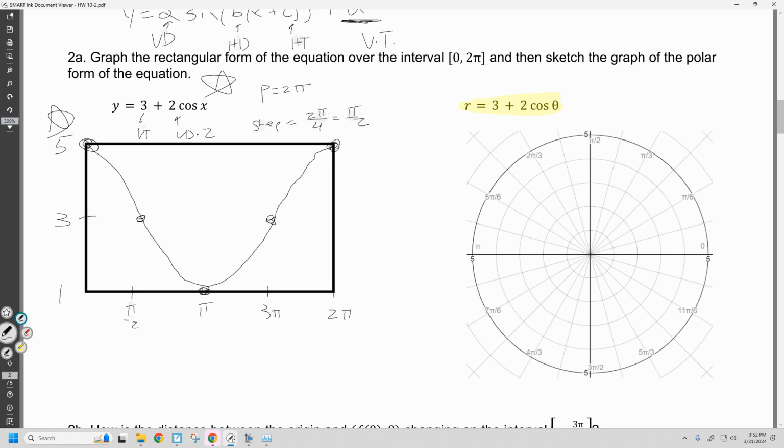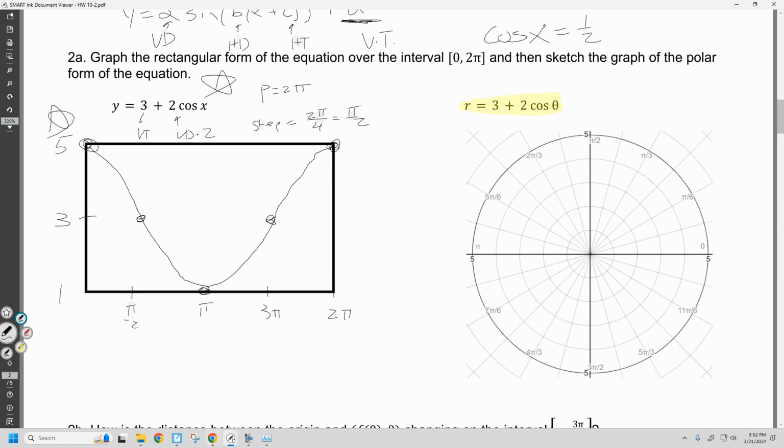For example, I can get the y value of a half, like the sine of an angle or the cosine of an angle equals a half. Cosine of what angle equals a half? This is more of a question that we asked you in Unit 8. Solve this equation, cos x equals a half.